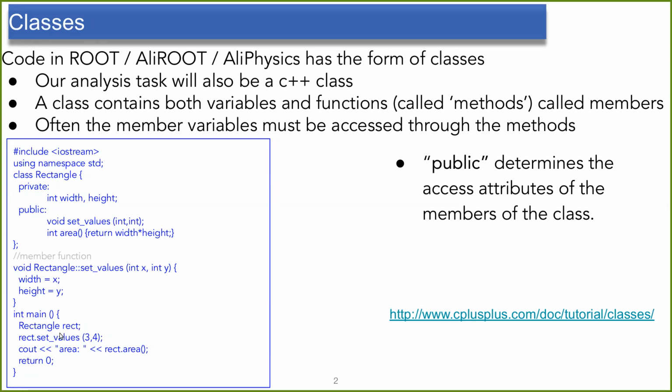Then you can directly access the public members by using the dot. If you use rect dot set values, you can put in your input values like 3 and 4, which will go here. Then you can also access the other public member, area, by using rect dot area.